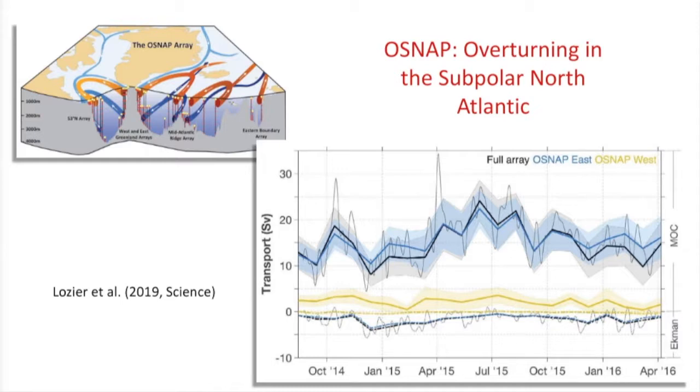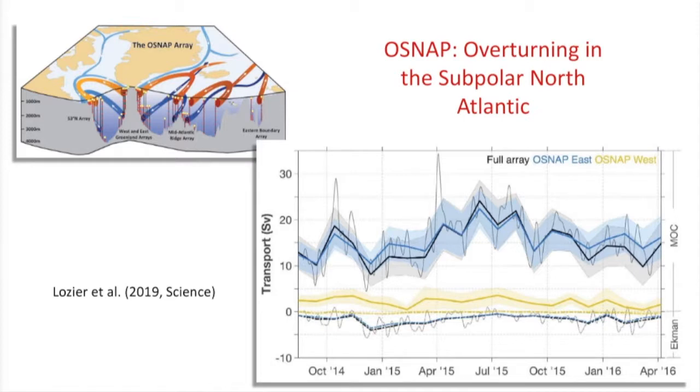They show the total transport. The full array is given by the black line, the OSNAP East overturning circulation is given by the blue line, and the OSNAP West line is given by the yellowish line.